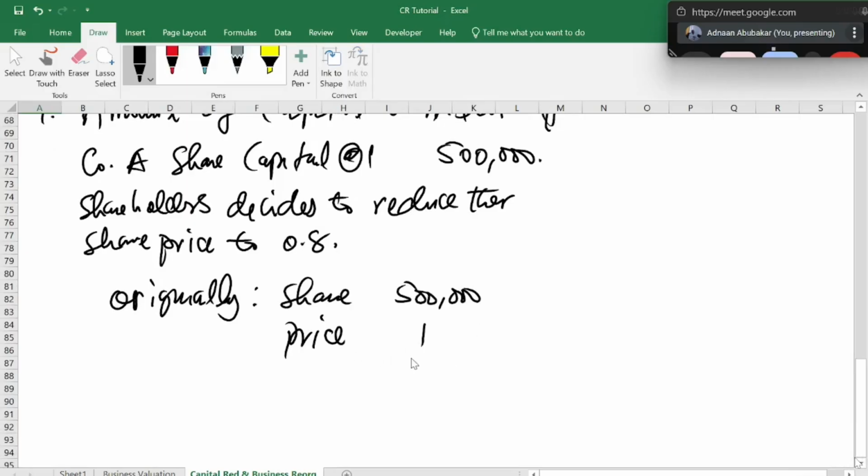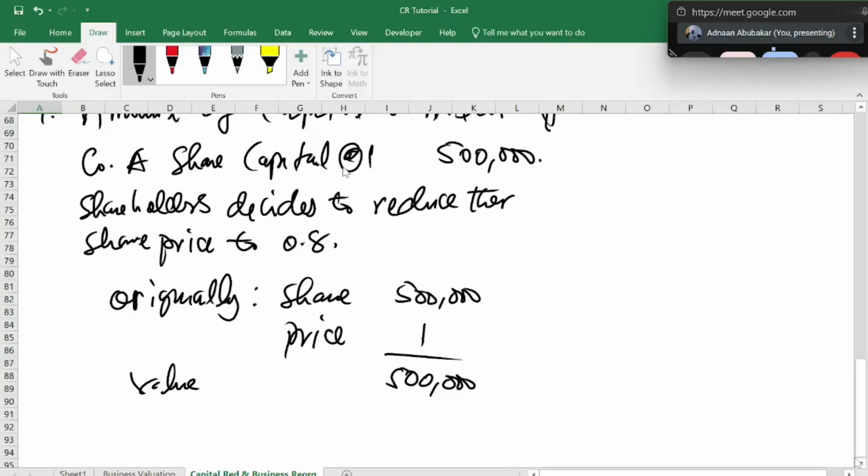When you multiply, what do you have? So the total value is 500,000, right? And now they have considered, because the company has pleaded with us, that we should also consider to sacrifice.